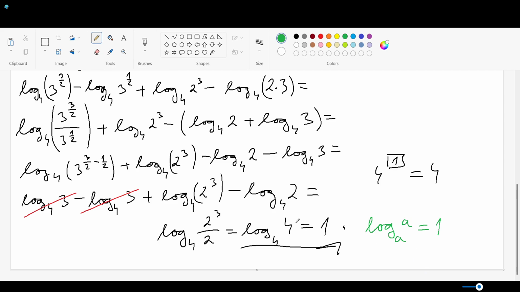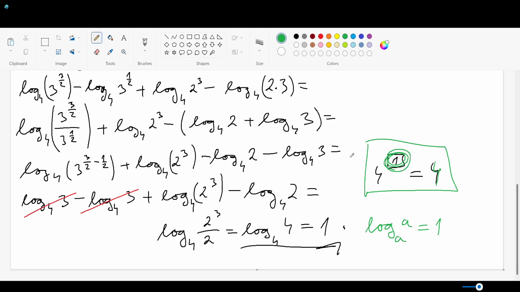Okay, so if you have the base and the logarithm of the number like the same numbers, then you can find very easily, or even by remembering this formula, that this is equal to 1. But still, I don't like to remember this one. I prefer to ask myself 4 to the power of what is equal to 4. And of course, the obvious and the only correct answer is that it's gonna be number 1.